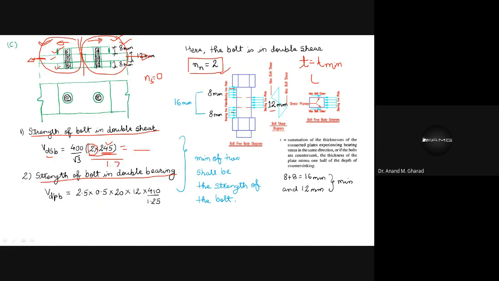That is good. Maybe 98.5. Okay, 98, whatever. And 92.52? Okay, 90.52 kilonewton. Unit should be kilonewton. And what about this VDPB?